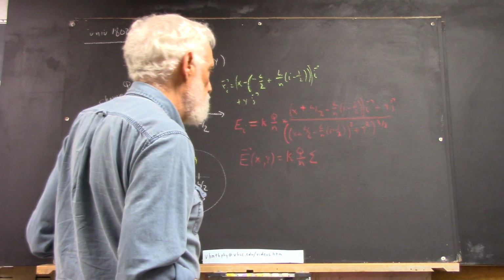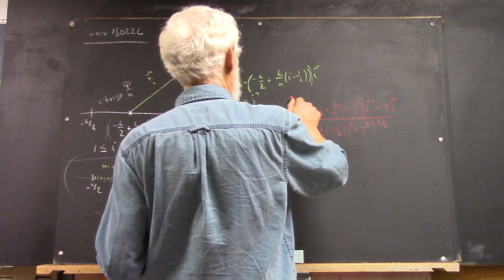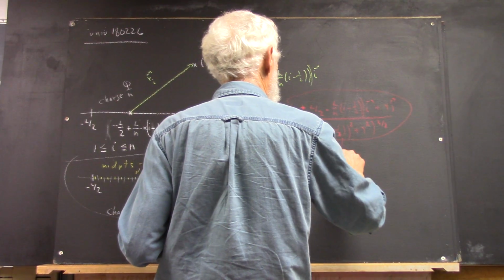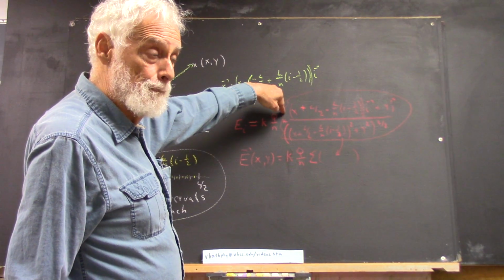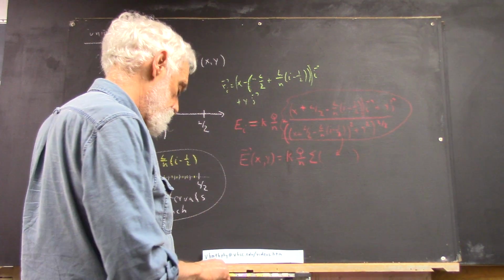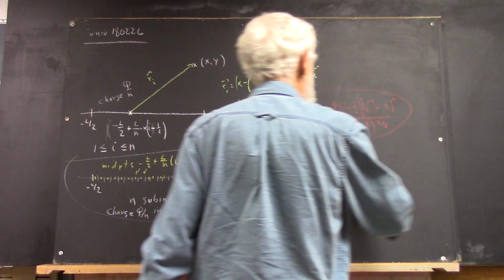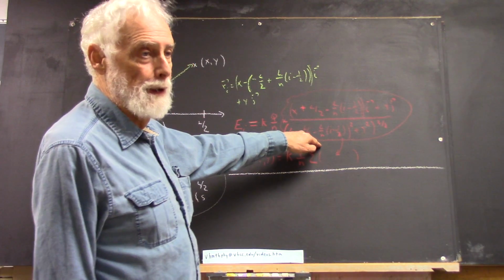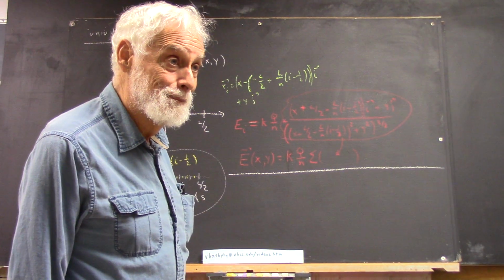And then it's just times the sum of all these. I don't have time to write all this out, but the sum of that, right? Okay. Well, where do we go from here? You don't want to add that up because you don't know what n is. You can take a limit as n approaches infinity.